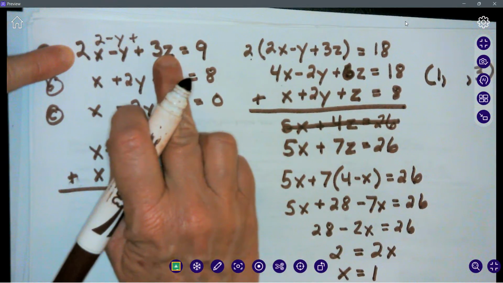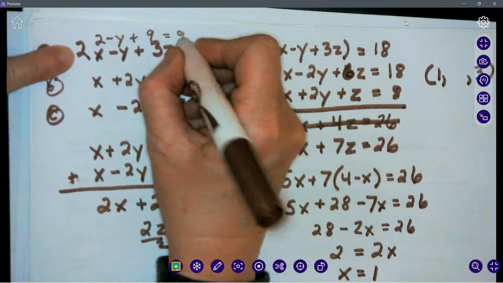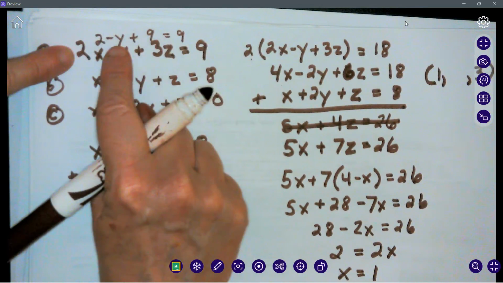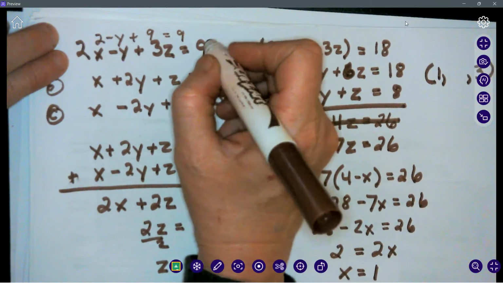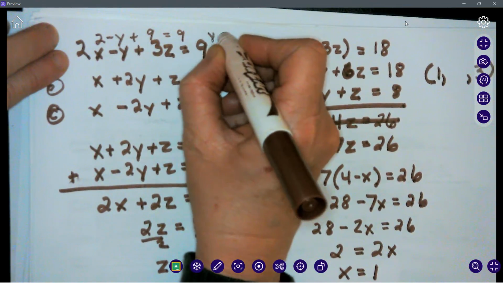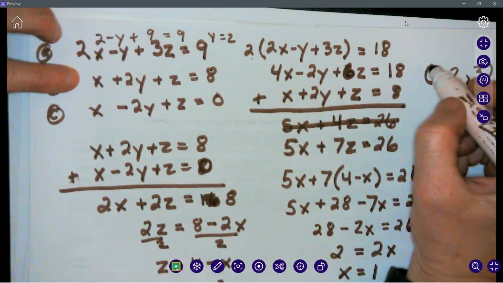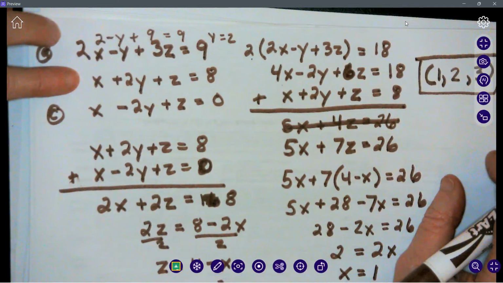So 3 times 3 is 9, and that's equal to 9. So we have 2 minus y plus 9 equals 9. If you add y to each side and subtract 9 from each side, that gives us y equals 2. So that's the remaining part of our triple. So the answer to that system of 3 equations would be 1, 2, and 3.